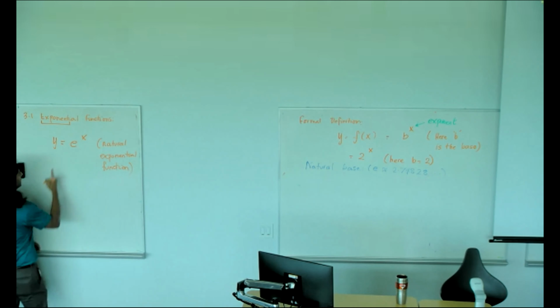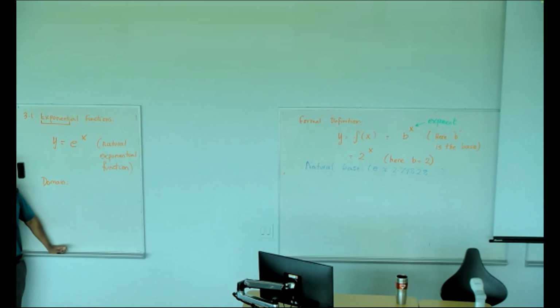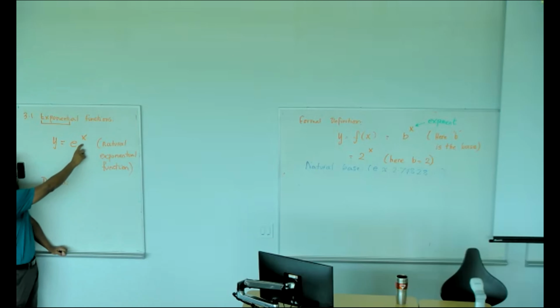Is there a value of x which would make e raised to x go to positive infinity or negative infinity? In the sense, is there a value which would result in divide by 0? You've got to plug in something here so that you get a vertical asymptote. Is it possible?